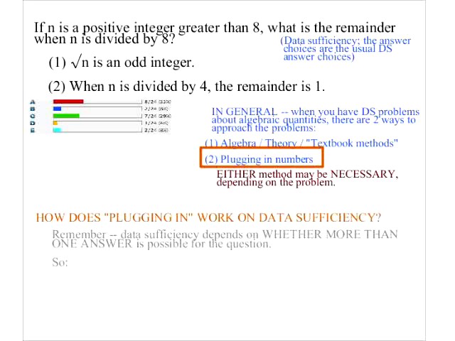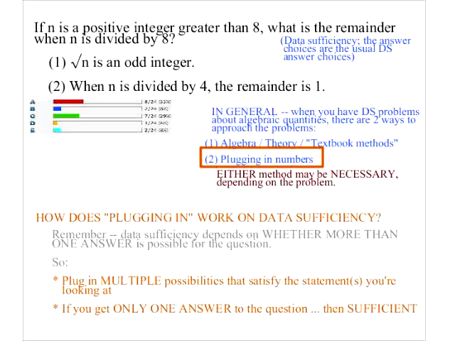So you have to plug in multiple possibilities that satisfy the statement you're using. If you get one answer to the question every single time, then it's sufficient.